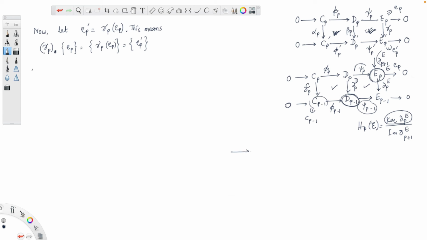So the first sequence is HP of C to HP of D, and then from HP of D to HP of E to HP minus 1 of C.